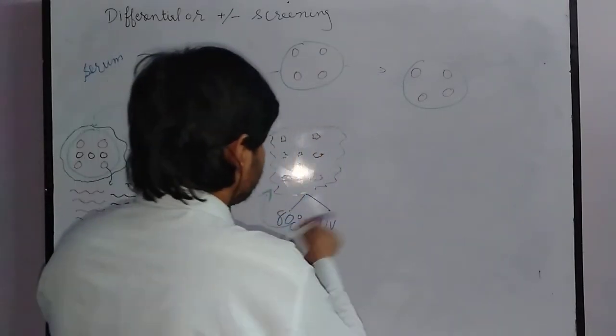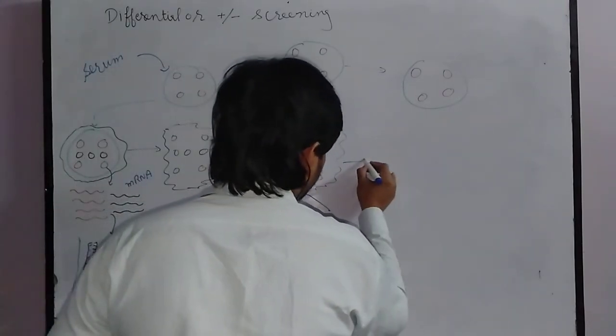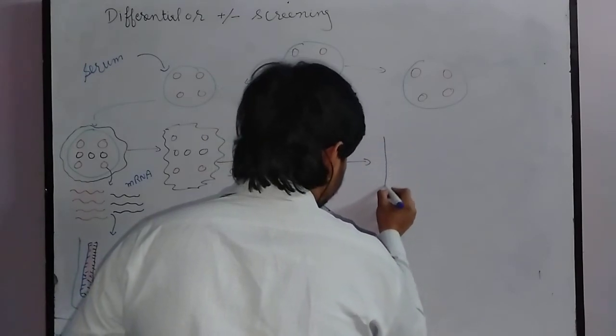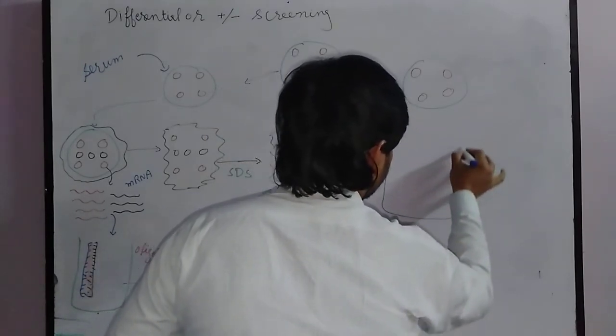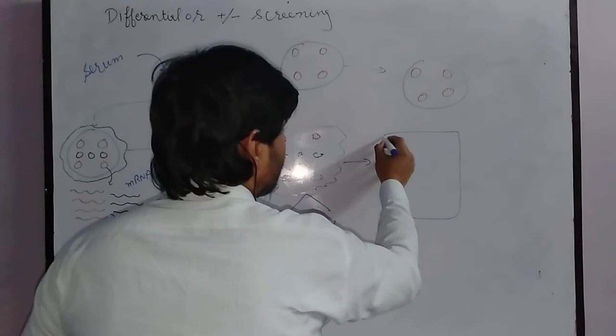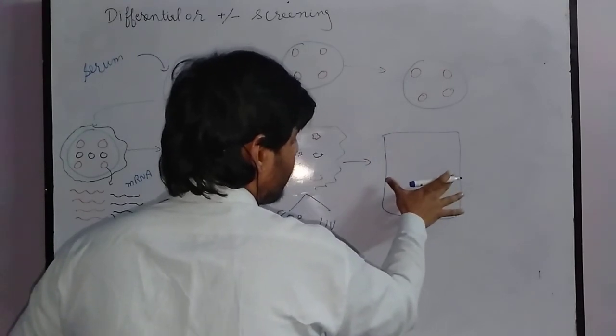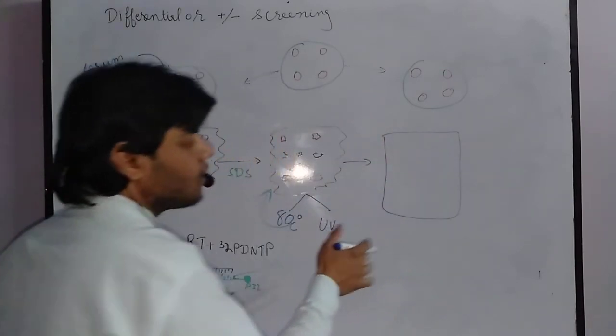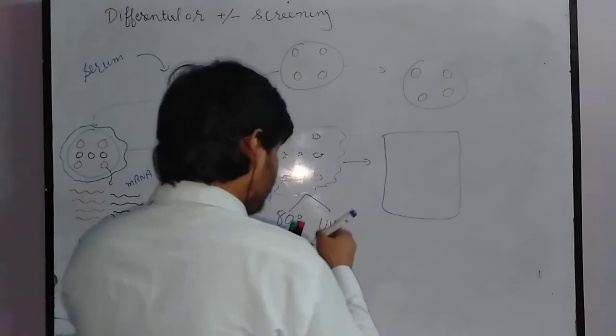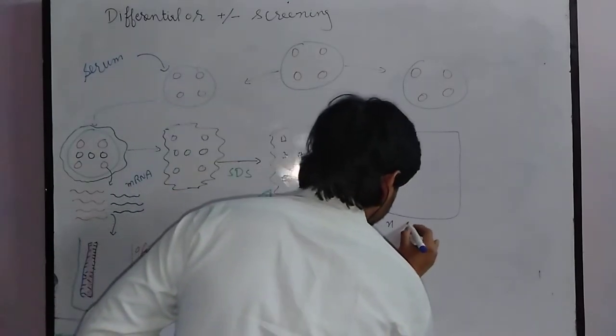Then we will see the final result on the X-ray film. So let's suppose this blue rectangle, this square, can represent the X-ray film.